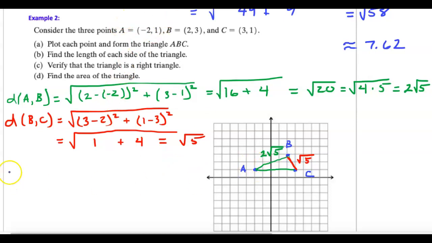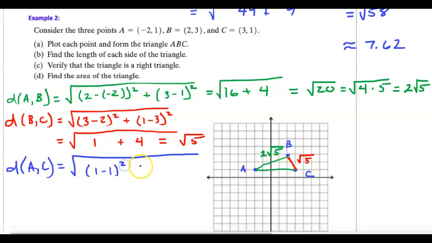And then for our last side, we'll find the distance between A and C. Again, applying the distance formula, the difference in our x coordinates.